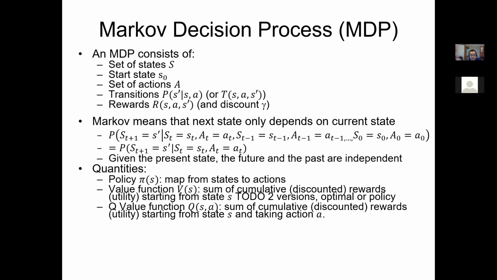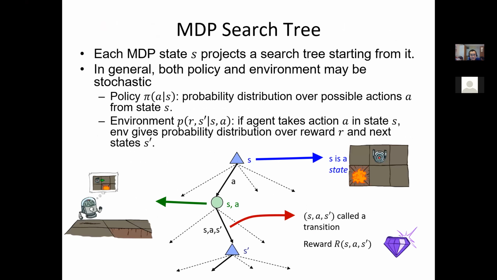So there are policy and value function and Q value function. Actually, I'll fix the slides later. So MDP search tree: each MDP state S projects a search tree starting from it. In general, both policy and environment may be stochastic.